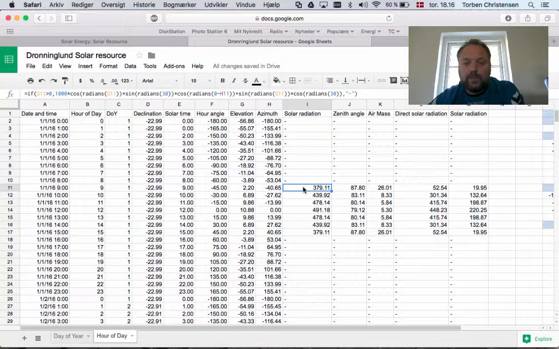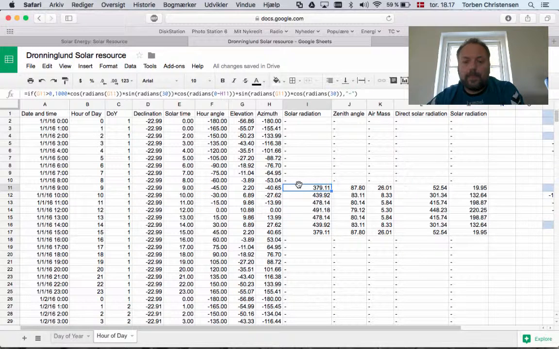And then when the sun goes above the horizon, we have a calculation depending on elevation and azimuth of the sun. And in Dronninglund, as far as I can see, they have an elevation of the solar collectors of 30 degrees, and they have azimuth 0 degrees.